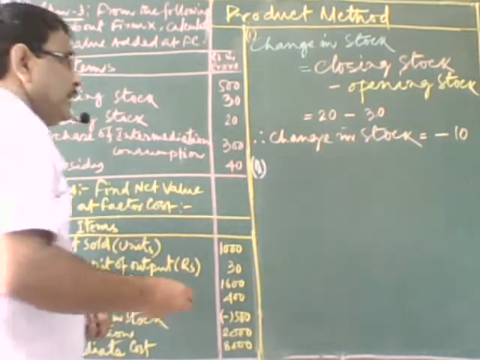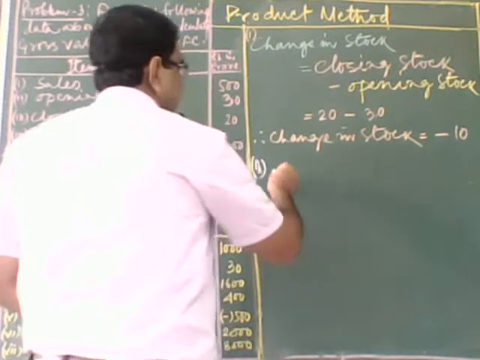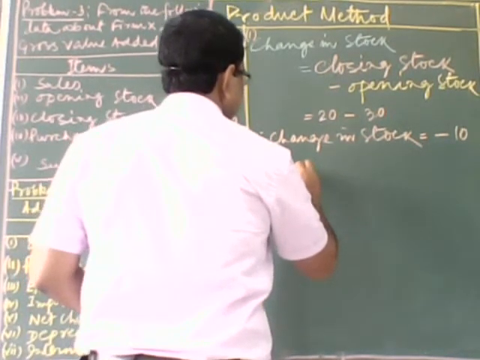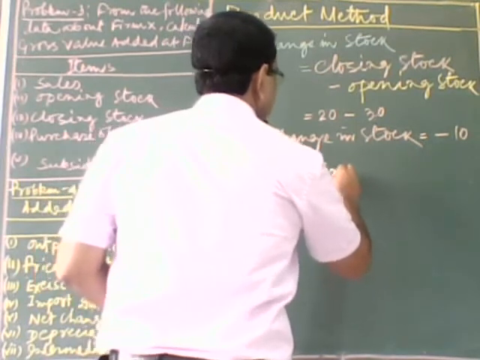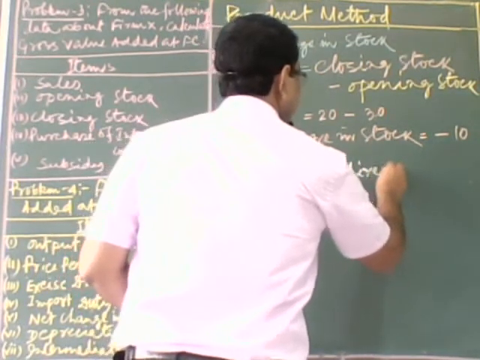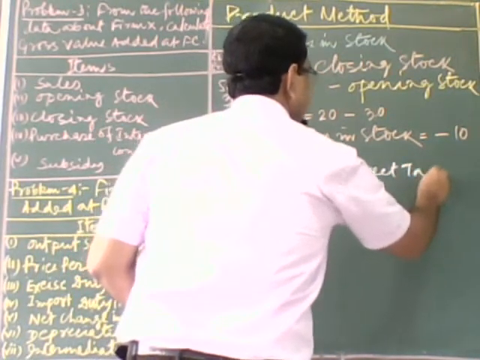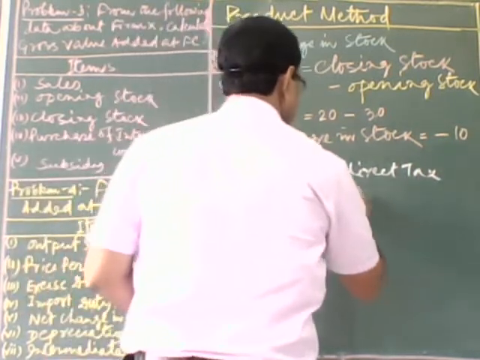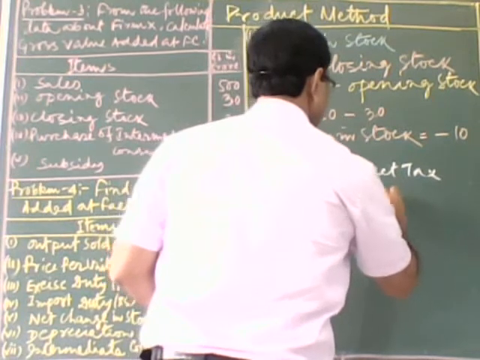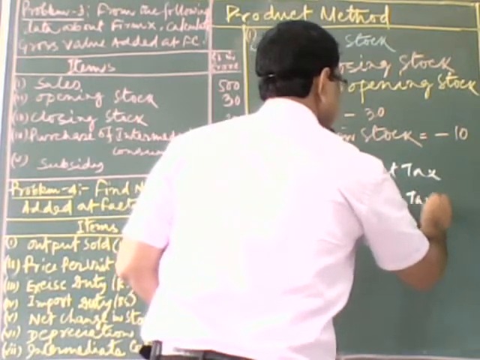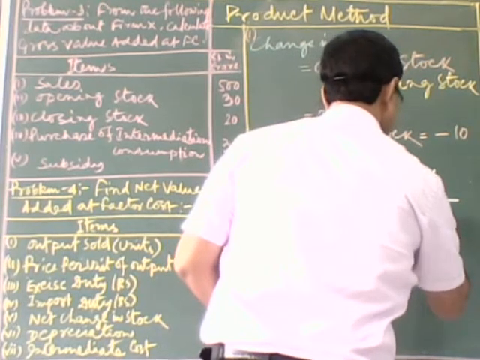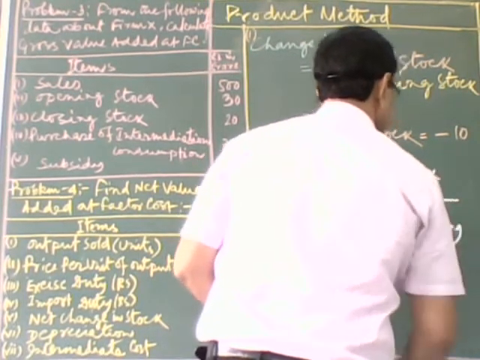So first of all, here we have to calculate NIT, net indirect tax. Net indirect tax is equal to indirect tax minus subsidy.